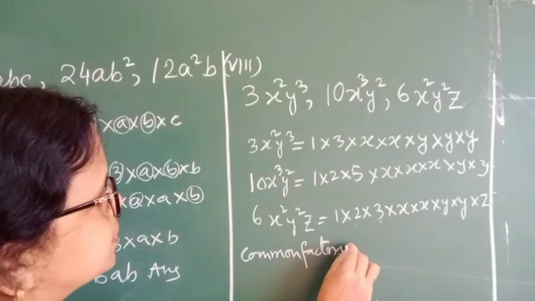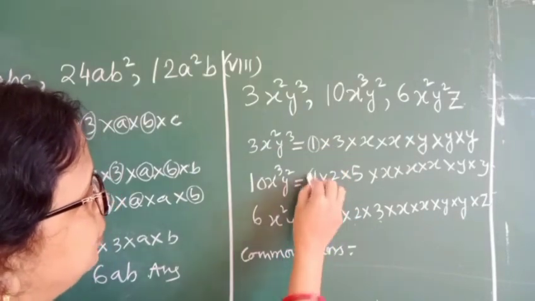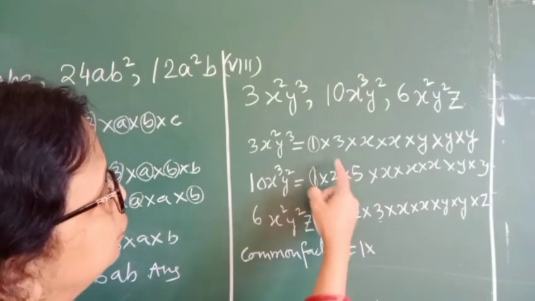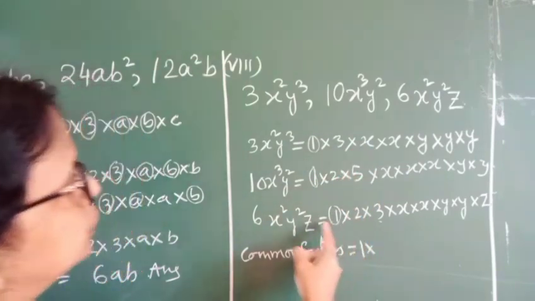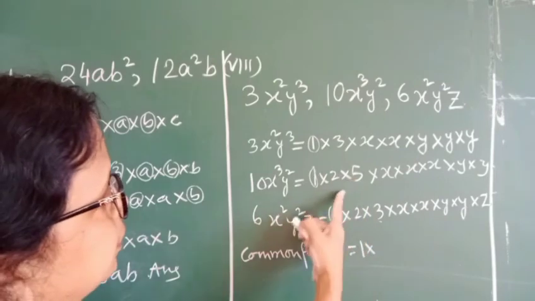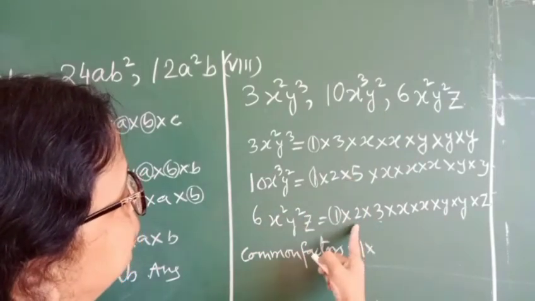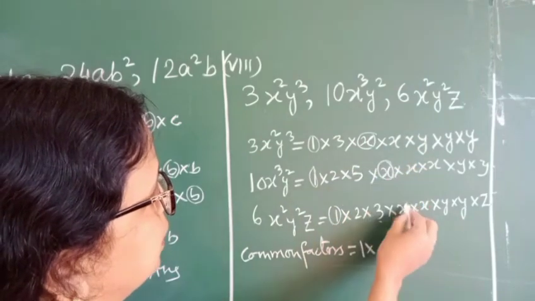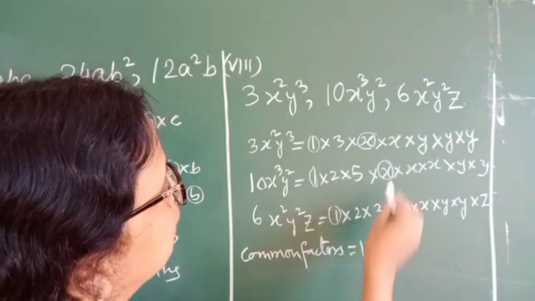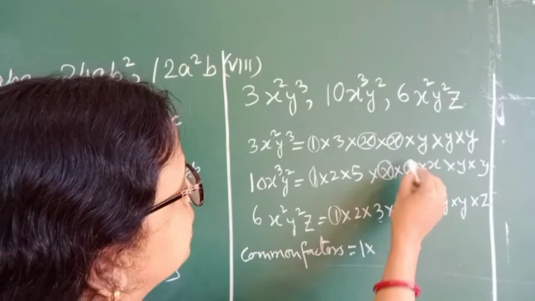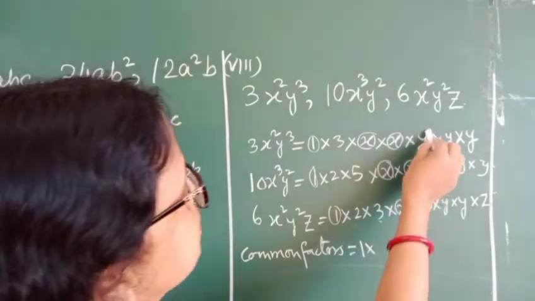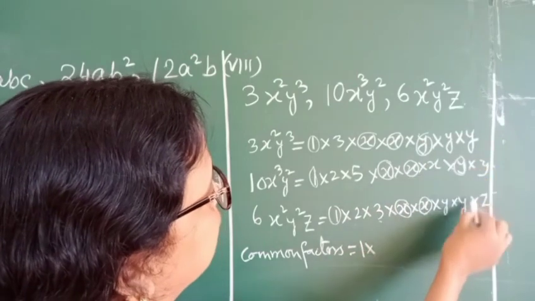Common factors are 1, I will always take 1. 2 is not here. 3 is only here but not here. So I can't take any number except 1. Now I can take x. Single x I can take from here, double x also, x square also I can take. y, yes, 1 y I can take from here, here and here.